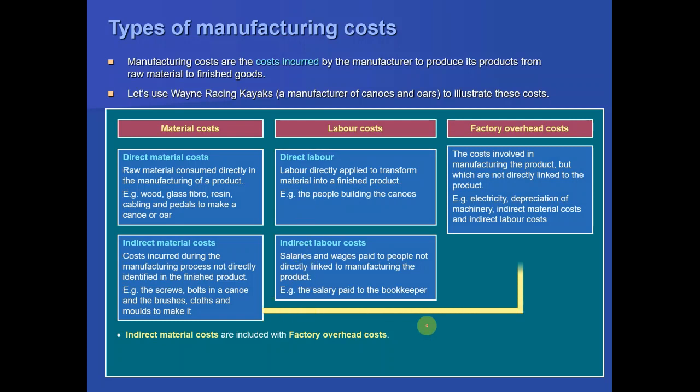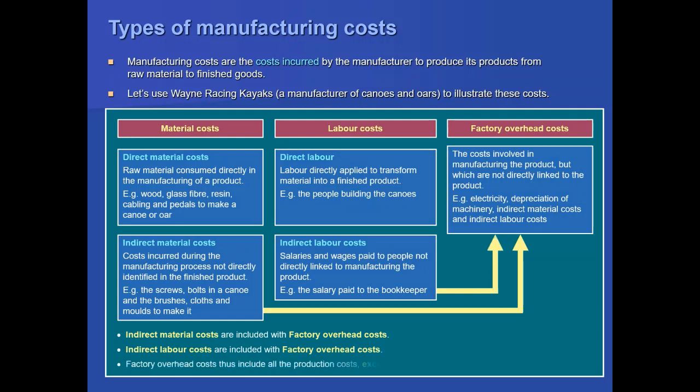So as mentioned, this is just an illustration that indirect material costs are included with factory overhead costs. The same for indirect labor. Factory overhead costs does include all the production costs, excluding the direct material costs and the direct labor costs.